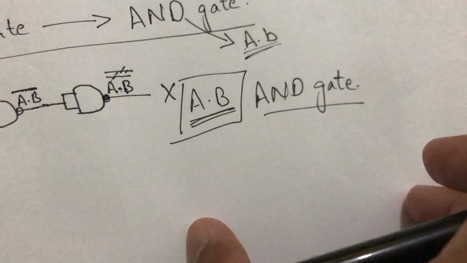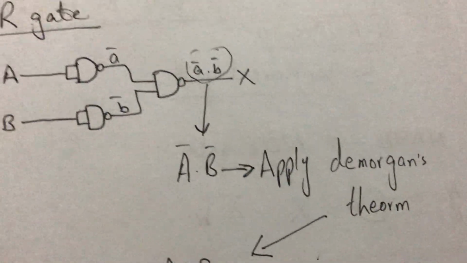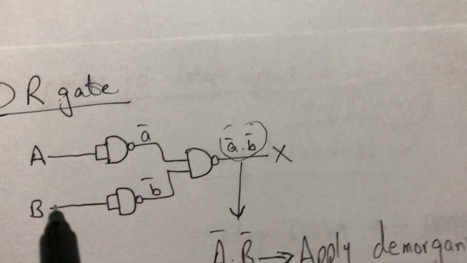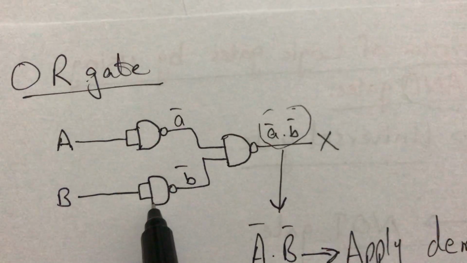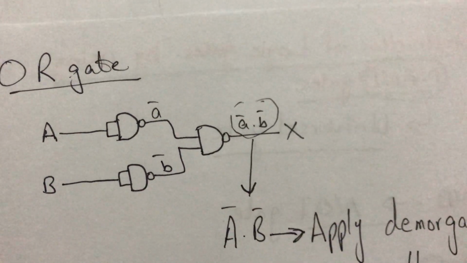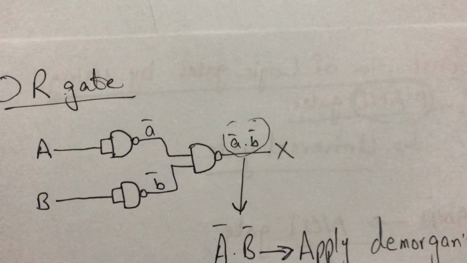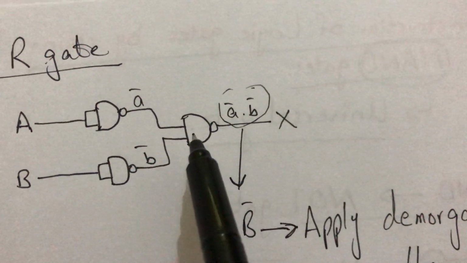The third one is the OR gate by using NAND gates. We will use two NOT gates that are built by using the NAND gates, and one NAND gate.